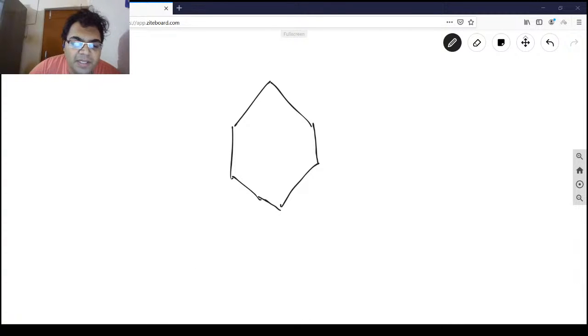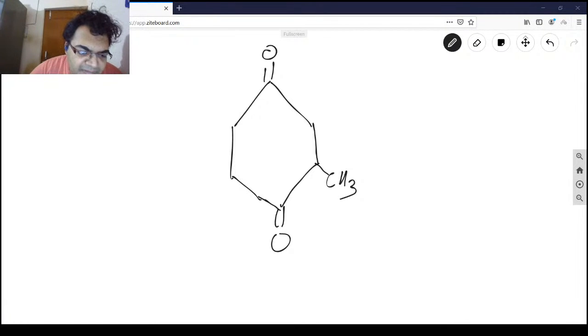On top you have double bond O, double bond O. Then you have OCH3 on this side, and OCH3 on that side.